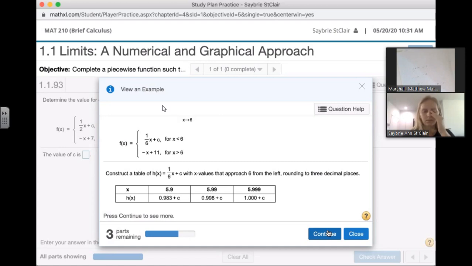Wow, this is complicated. I guess so. It happens when you start taking that calculus class. And then 5.999. But it looks like this software is pretty much like Alex kind of explaining as you go. Okay, you can hit continue there.